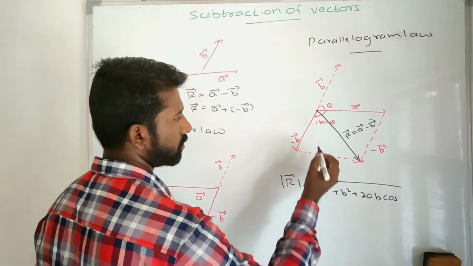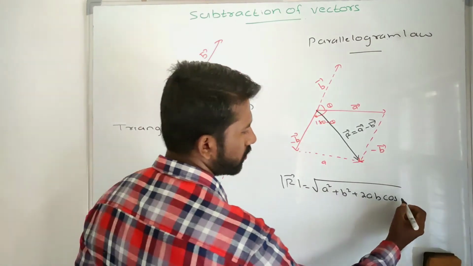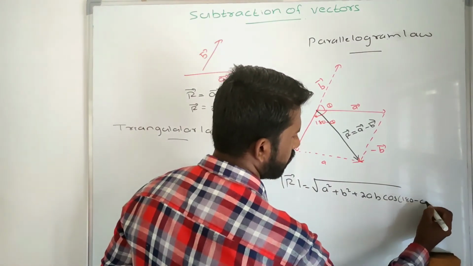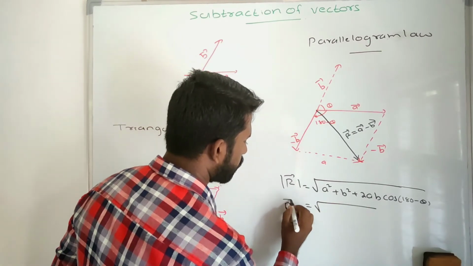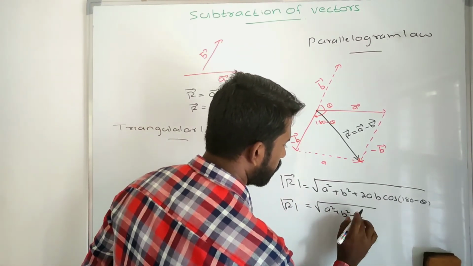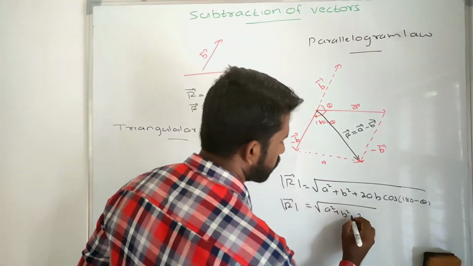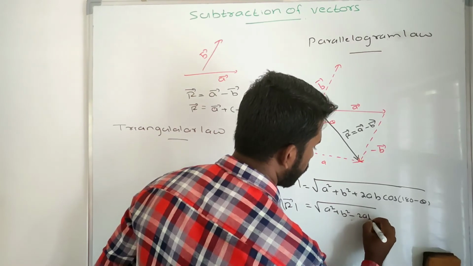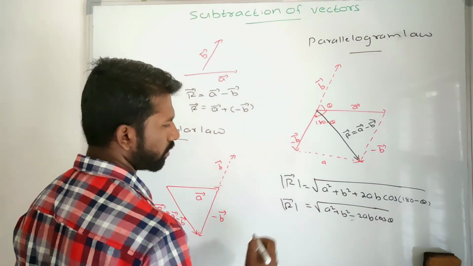Here the first vector is A, its magnitude squared, second vector is B squared, and the angle between them is 180 minus theta. So the resultant magnitude R is the square root of A squared plus B squared plus 2AB cos of 180 minus theta. Cos of 180 minus theta is minus cos theta, so this is minus 2AB cos theta. Okay, this is the magnitude.